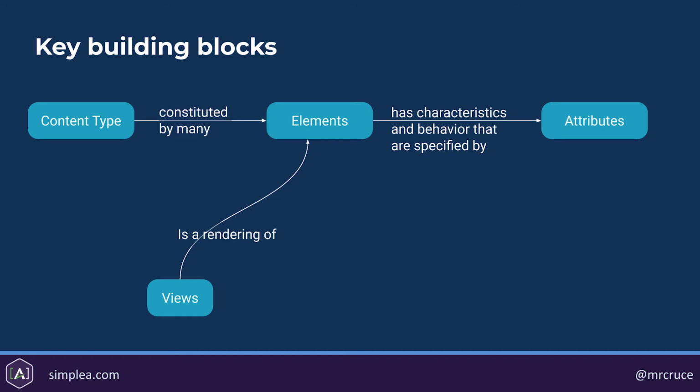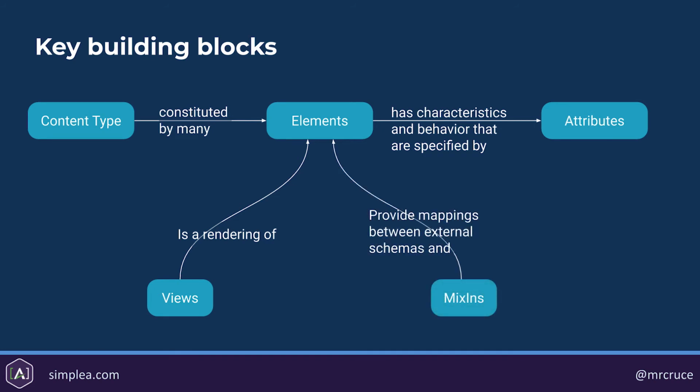We also have a concept at A we call MixIns. Now, this is probably new to almost everybody because I think we just made this up as a way to describe the mappings container for external schemas in our primary content model.